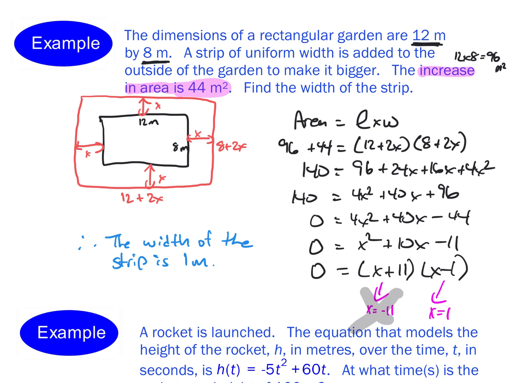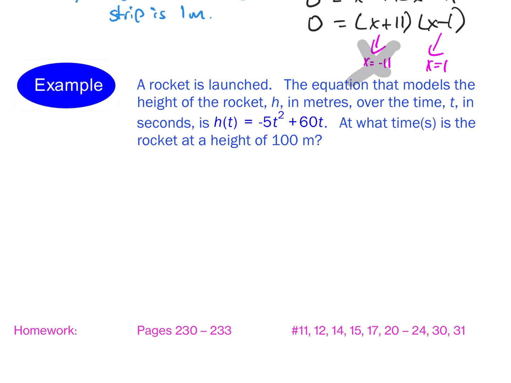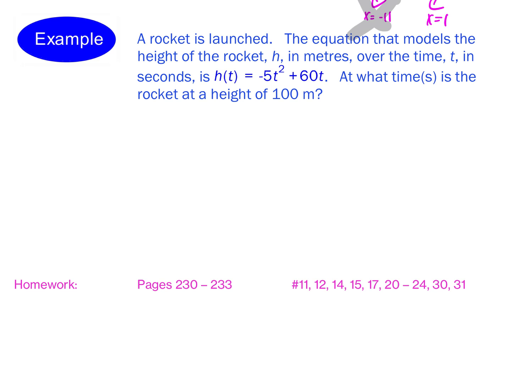All right. So, let's do one last example. A rocket is launched. The equation that models the height of the rocket, h in meters over time, t in seconds, is minus 5t squared plus 60t.